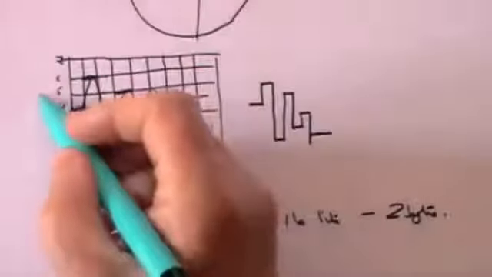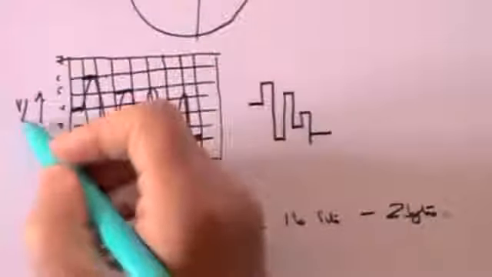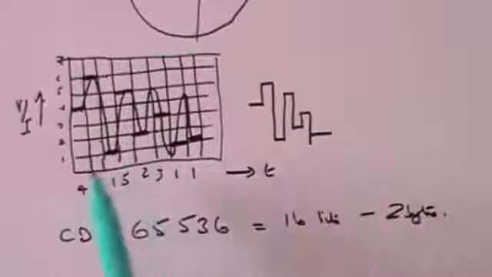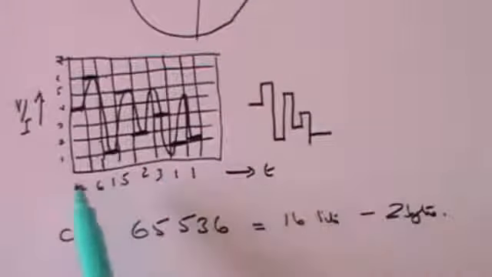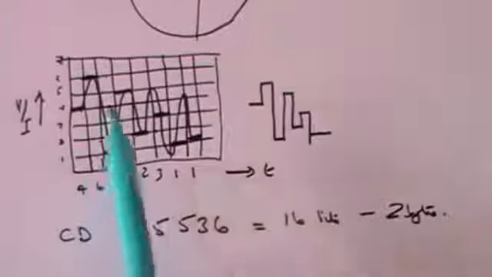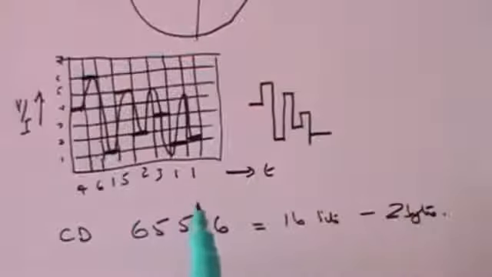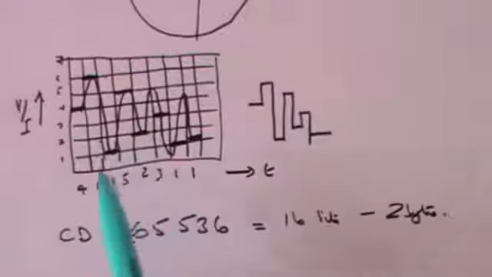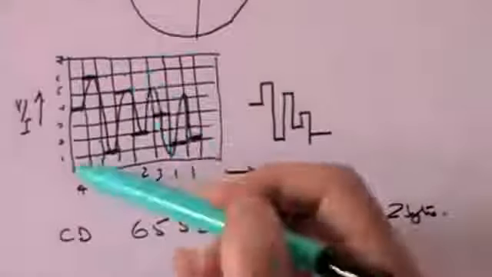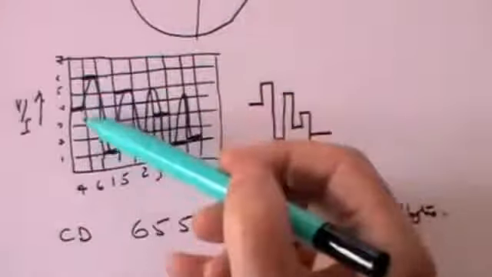Just to remind you, this is, as it were, the voltage or the current, and this along here is time. So these divisions represent the amount of time that is going to elapse between each sampling of the wave. And this way is called the sampling rate. This way is called the digital resolution.